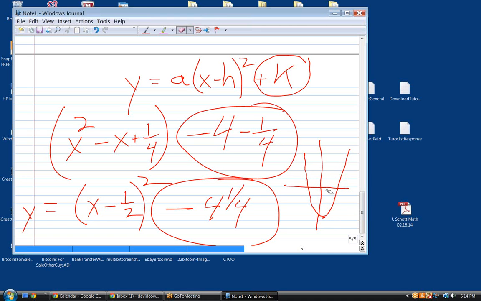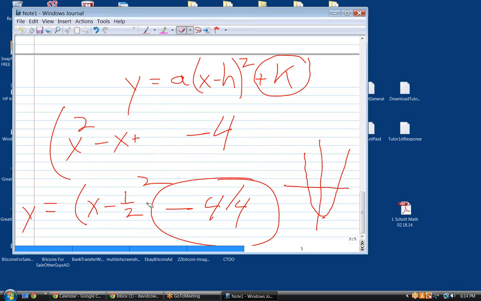Well, how would I solve for the x-intercepts? What is y when you're on an x-intercept? What's the value of y? It's 0. Right. So the way I solve for the x-intercepts is to take my equation and let y equal 0.